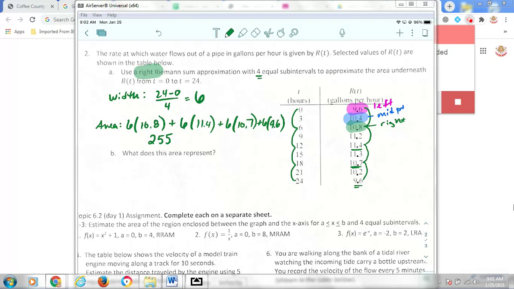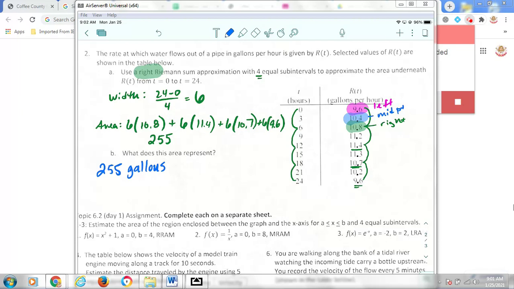Now this table actually means something, and that's what B asks. What does this area represent? When we're accumulating these areas of a rate function, this is gallons per hour, and our time is in hours. Remember that you can find the unit by multiplying gallons per hour by hours, and that leaves us with gallons. So this 255 is gallons. We're accumulating gallons. We're going to go back and look at what the problem is.